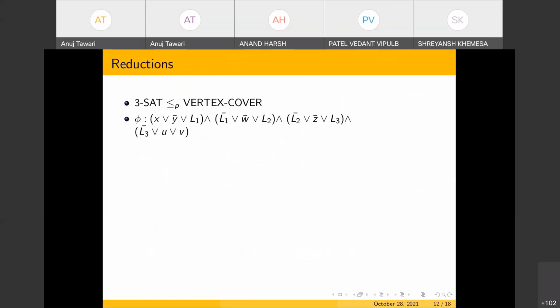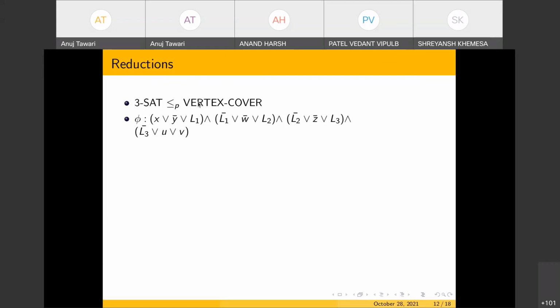So how do we prove that something is NP complete? You start with some NP complete problem and give a polynomial time reduction from that problem to this problem. In fact, satisfiability was the first NP complete problem which was discovered, and once they had this first, they showed that many other problems are also NP complete.